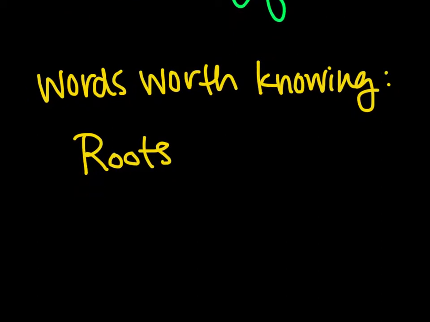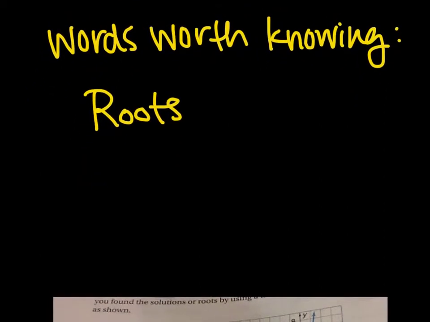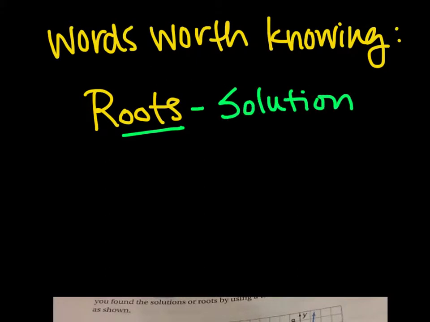So, a word worth knowing that we need to add is roots. And in frogs, fleas, and painted cubes, we had a definition for roots, and it was actually called something slightly different. It was called solutions. So a solution to a quadratic equation can also be called a root.